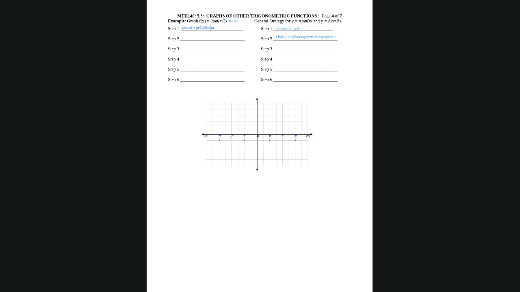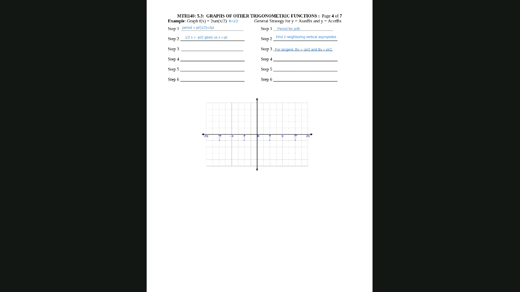So for this particular function, we'll do b times x, that's 1/2 times x, equals negative pi over 2. And this gives us x equals negative pi. And then we will also do 1/2 x equals positive pi over 2, and that gives us x equals pi. Now we know where the two asymptotes will be.